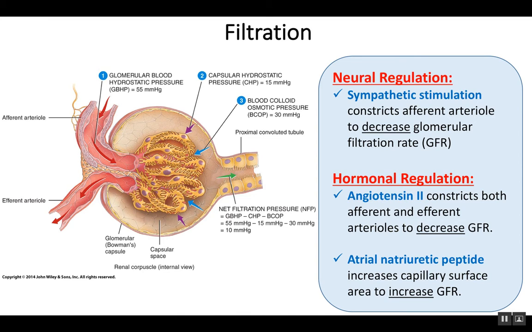So it's kind of our natural diuretic. Sometimes it's not enough, so we have to give people a diuretic. And we'll talk more about how those work in later slides. So this is neural regulation and hormonal regulation of filtration.